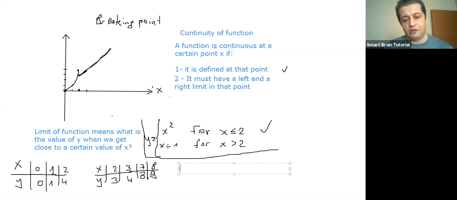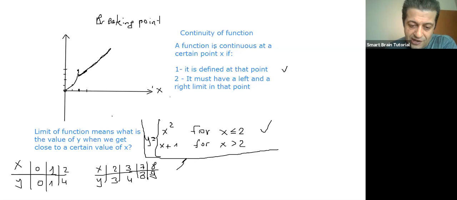It is not interrupted in that part. Also, for x smaller than 2, for x = 1, for x = 0, and so on, we do not suspect the continuity of the function. The only point where we suspect whether the function is continuous or has a breaking point is the point x equal to 2. So at that point, we should find the left and the right limit.